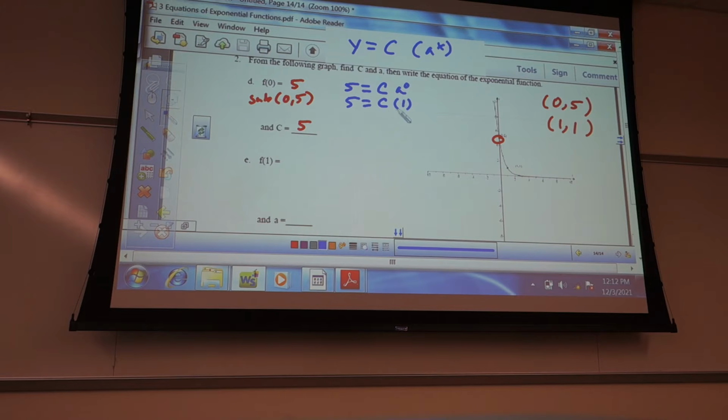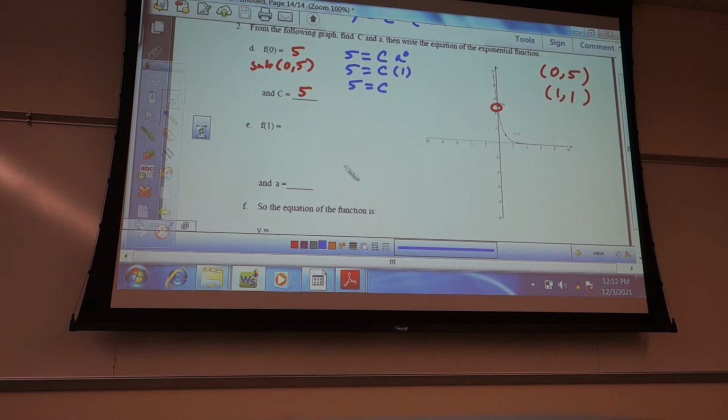Yes. So here, you don't need to. What's being multiplied by c? C is being multiplied by 1. So you divide both sides by 1, and you get 5. Does that make sense? Or you could just leave it as is. I think that's easier. Anything times 1 is just itself. Think about it like that, maybe. So c is 5.